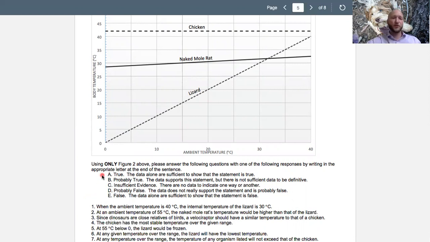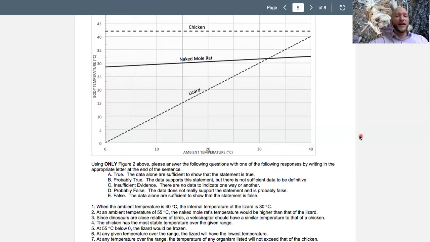If something is true, the data alone are sufficient to show the statement is true. You can look at the graph, you can look at the data, and you can say, yes, this is true for sure. Probably true is different because the data supports the statement, but it doesn't specifically show it. So let's take, for instance, right here, it shows ambient temperatures up to 40.